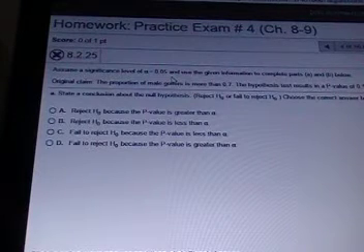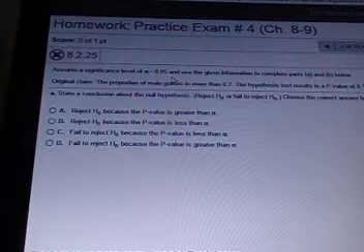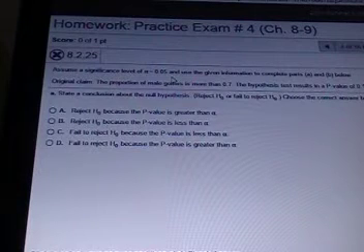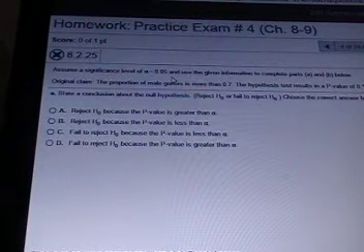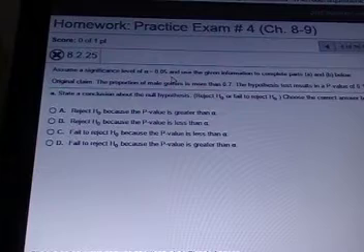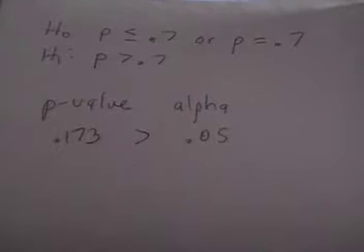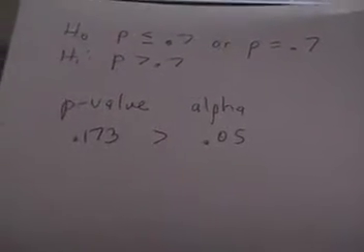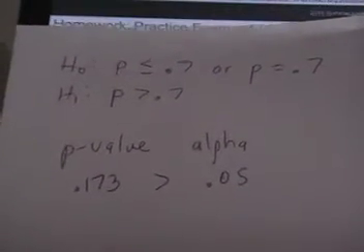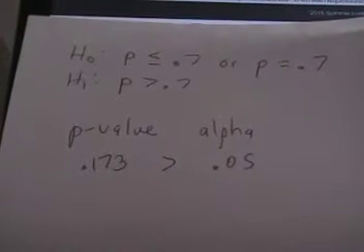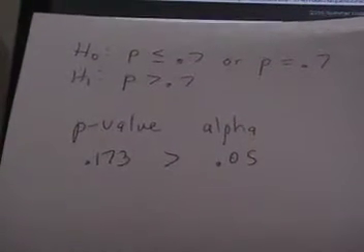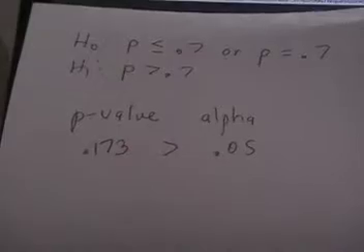And since 0.173 is greater than 0.05, this is how you want to do every conclusion. You compare the p-value to alpha. Alpha is given to you in every problem. The p-value, usually you calculate it, but here it's given to us. So 0.173 is bigger than 0.05.